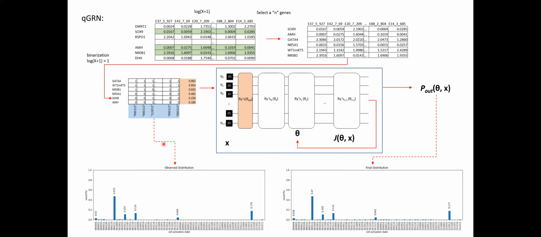So the distribution of those cells, of those labels, across those 64 states is like this. It's the observed distribution from the dataset. It has a lot of zeros because not all cells have those labels. That's why there are a lot of zeros.